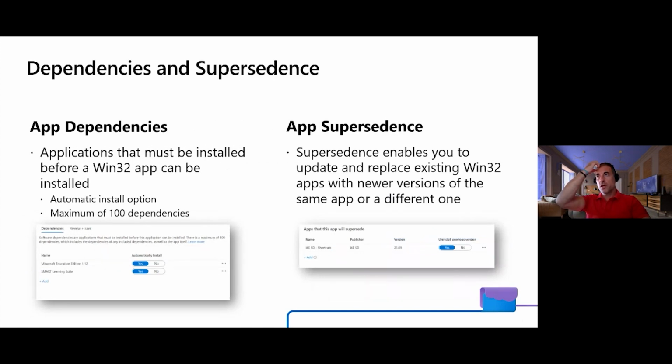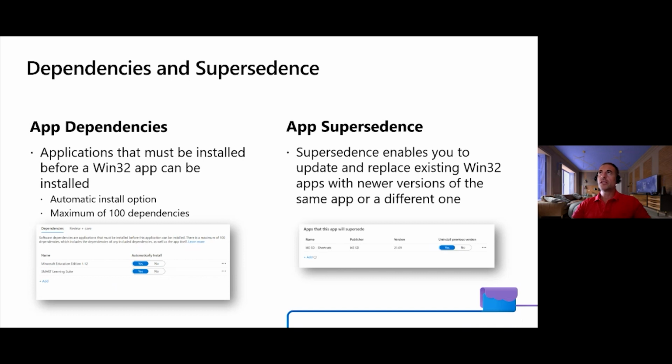With dependencies, we can define if the application we want to install depends on another Win32 application, and eventually install this other application as part of the deployment. With app supersedence, we can also define that the application that we are going to deploy will update or will replace an existing application, and decide eventually whether to uninstall the application that is being superseded before installing this new application.